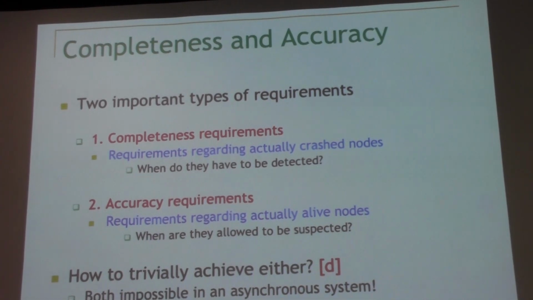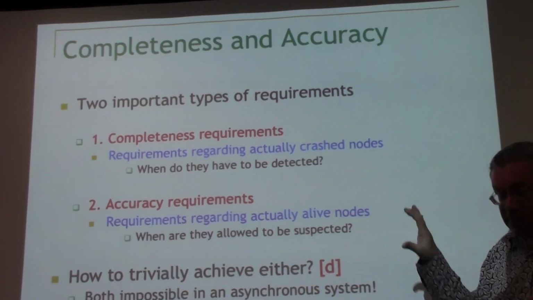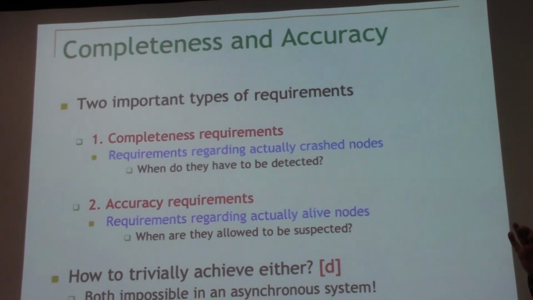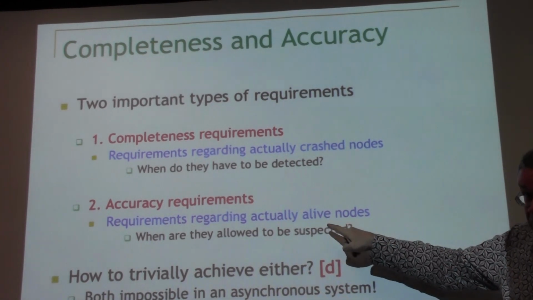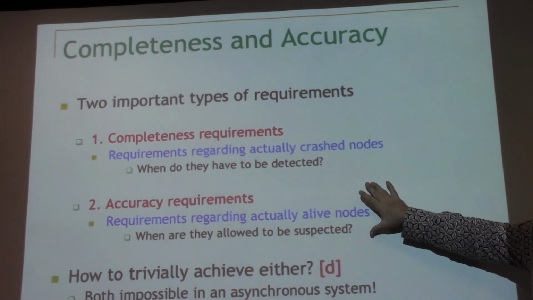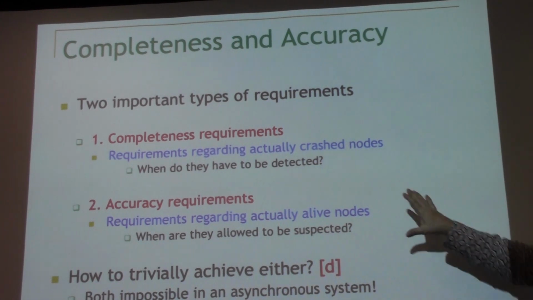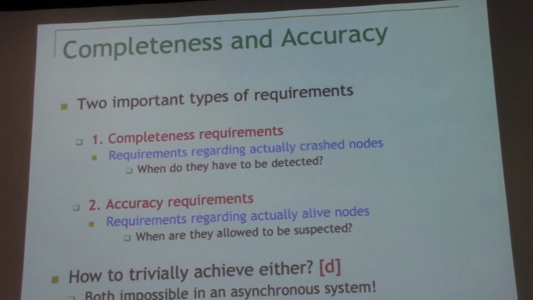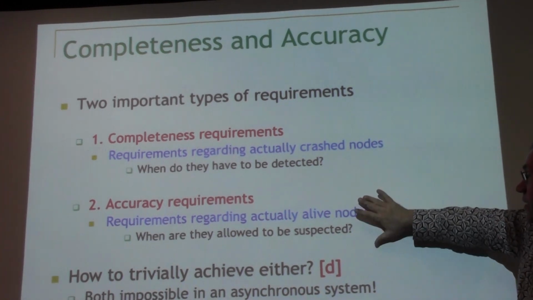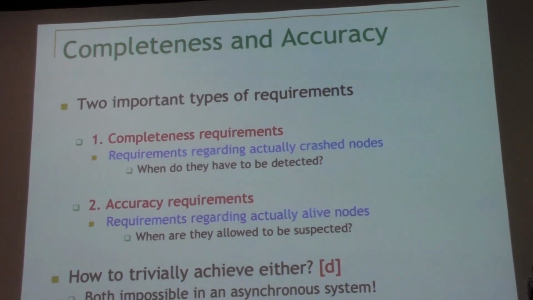I don't want to ever make a mistake, a mistake in the sense of unjustly accusing a live node of being dead. How do I avoid such mistakes? It's the opposite. You accuse no one. Just say everybody's always alive, even if they're dead. So the problem, of course, is getting both of them. That's always the problem with safety and liveness. The trick is making sure you satisfy both and not just one.